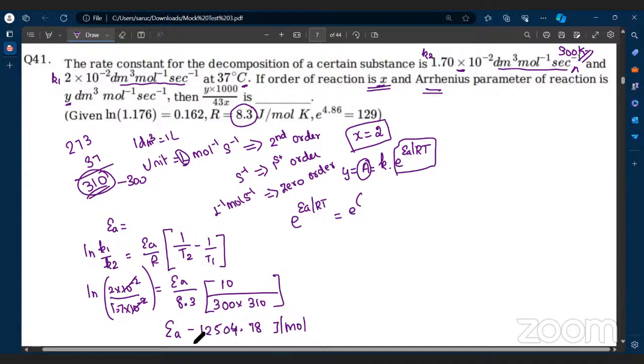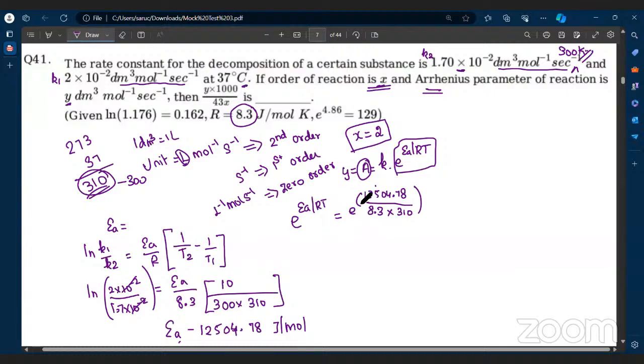So now I got Ea. Just substitute over this: 12504.78 by RT. The R value is 8.3, and the maximum temperature is 310 Kelvin, so I'm taking it as 310.